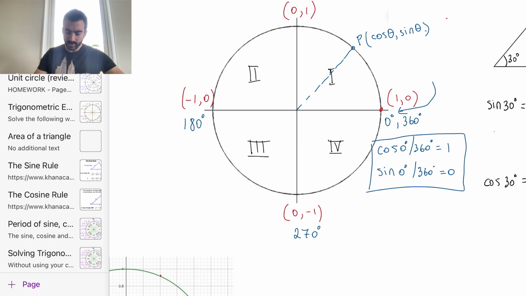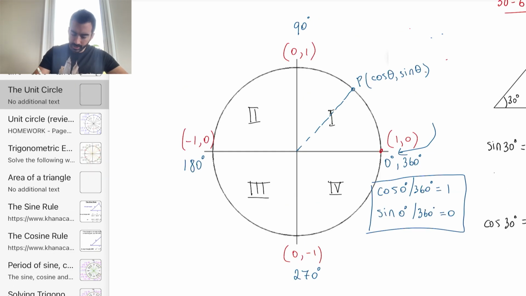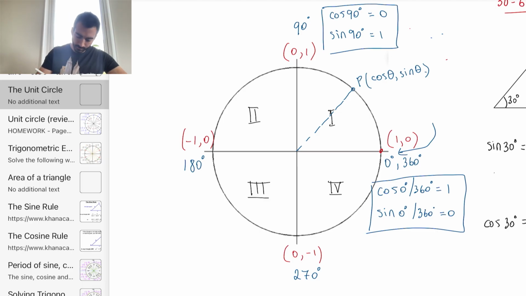Now let's do the same for 90 degrees. Cos of 90 degrees is 0 and sine of 90 degrees is 1. You can check that also on your calculators.